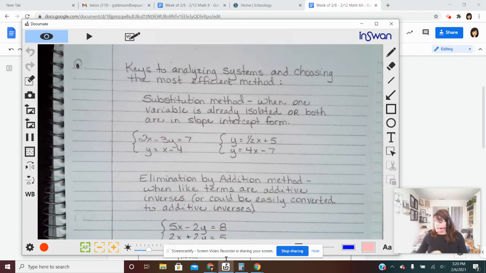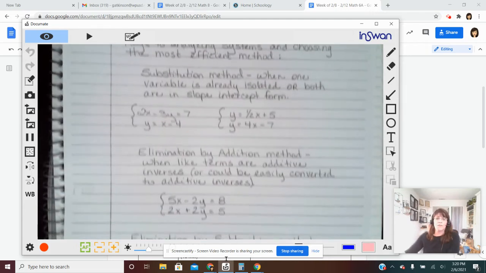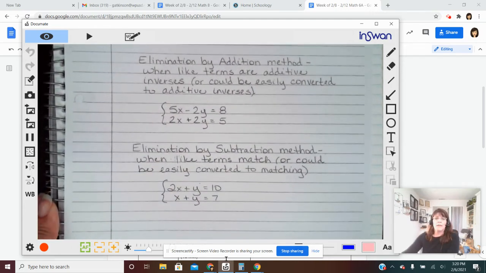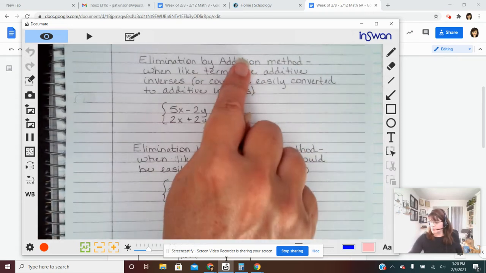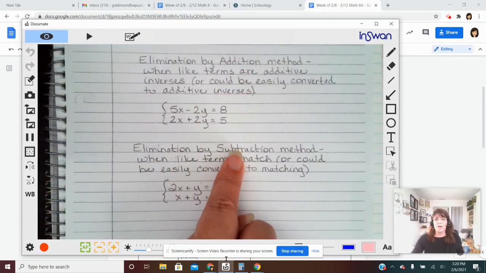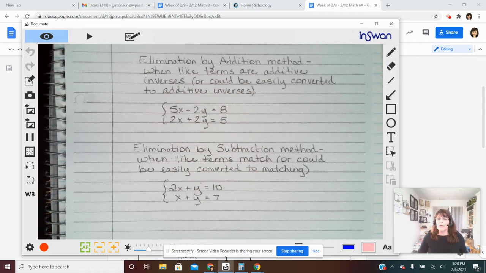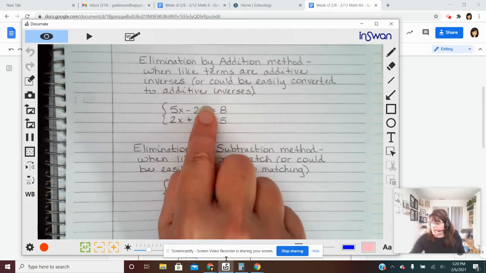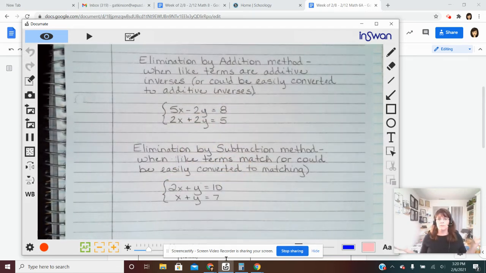Now, the other two methods that we looked at, elimination by addition and elimination by subtraction. Okay, so when we have additive inverses, use elimination by addition.